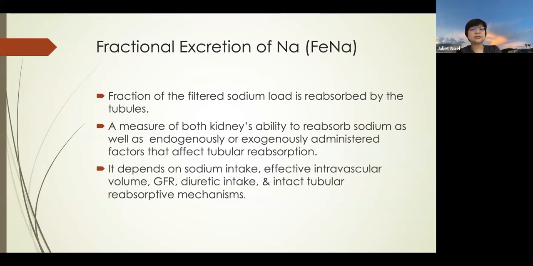You do not measure fractional excretion of sodium in patients with AKI who were given diuretics, any form of diuretic, because it will be useless, as the sodium will be high. So fractional excretion cannot be used, unless you wait.